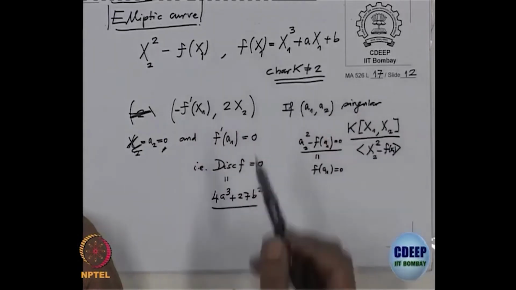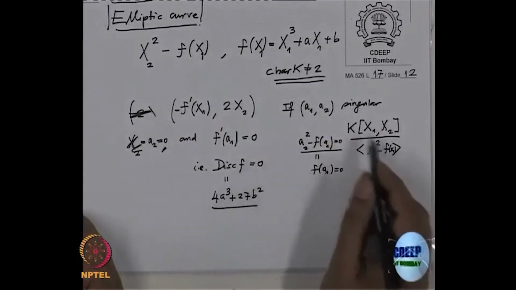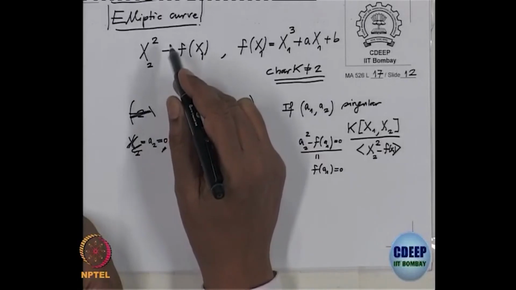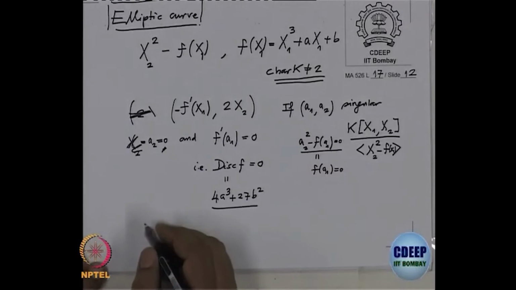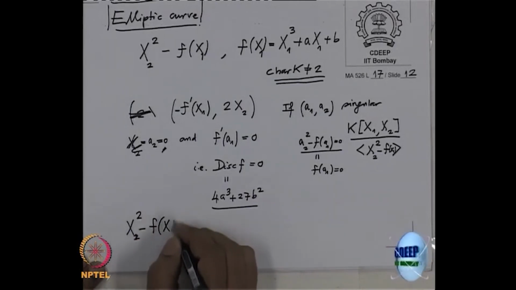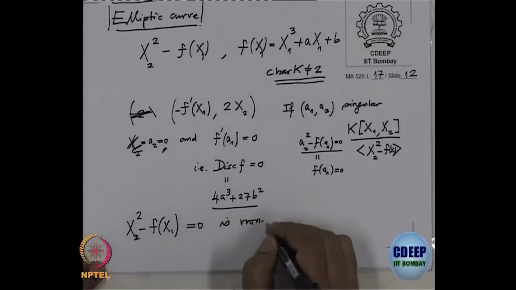Because we want non-singularity: what we checked is this curve has no singular point, so x2 square minus f of x1 equal to 0 is a non-singular curve.